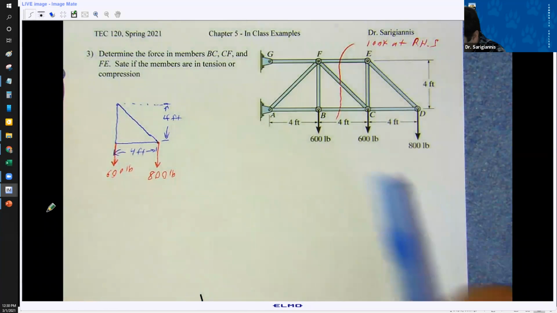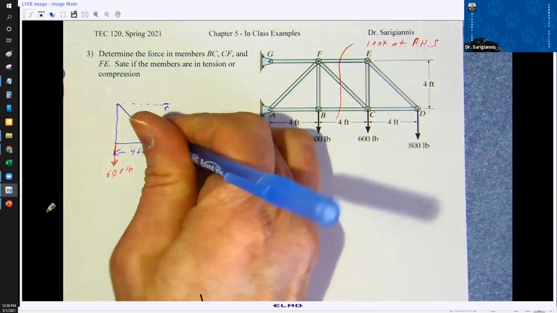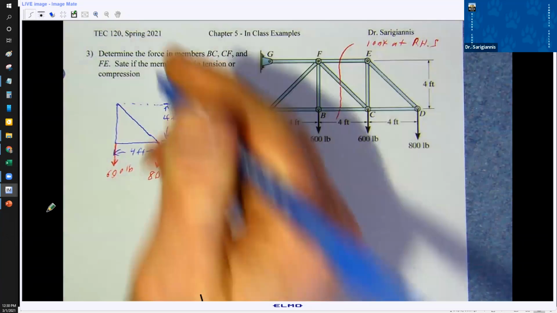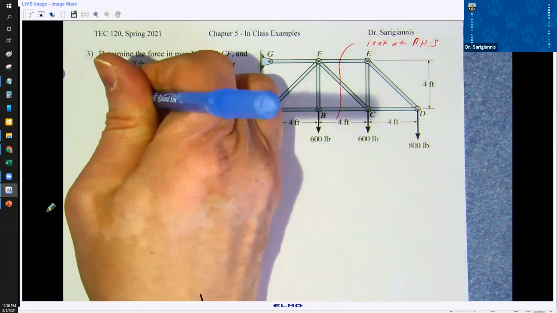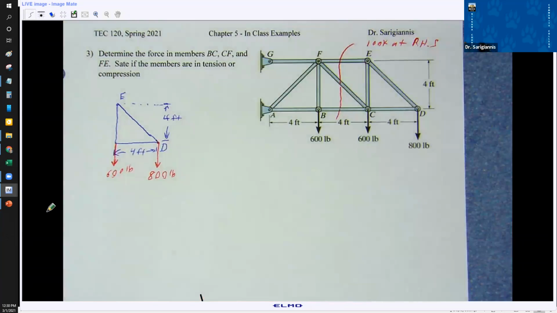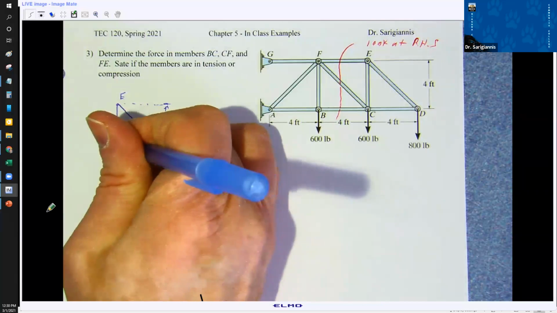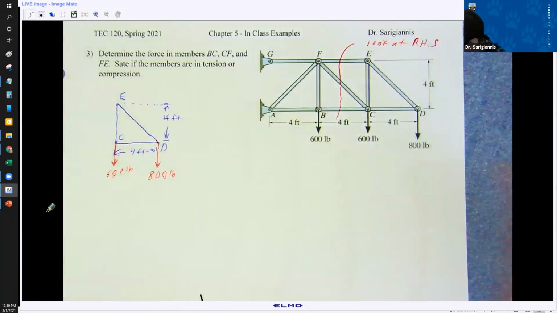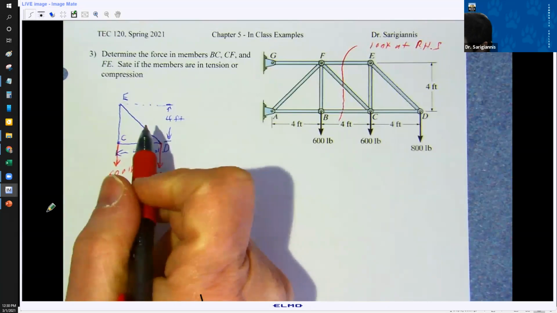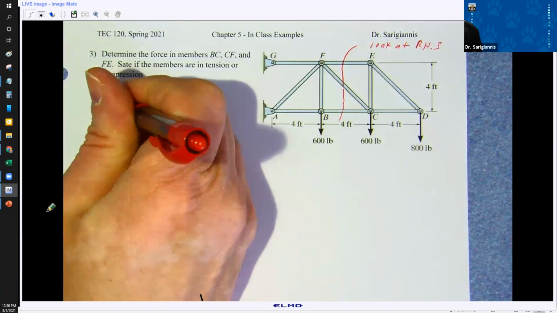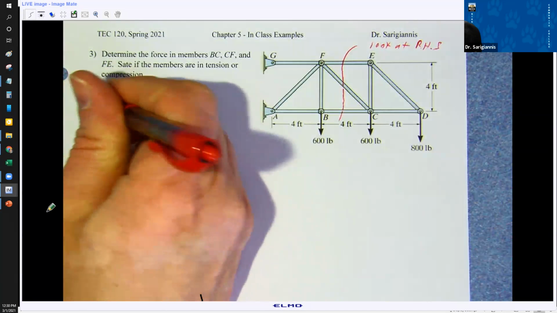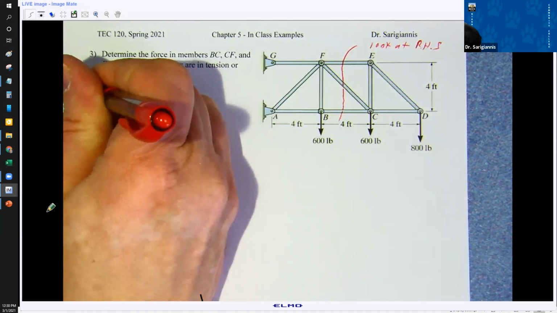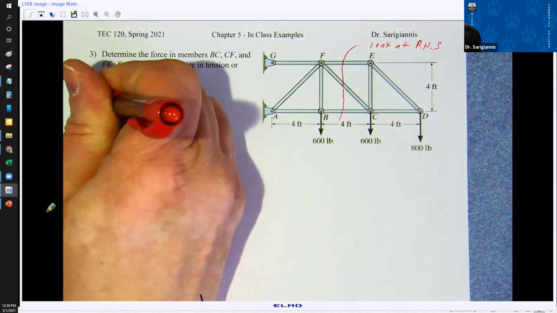And let me label my points too. This is point D. This is point E up here. And then we've got point C in here. And you'll see why I'm putting the C in there in a minute. Because the other forces we have are up here at E, we've got force EF.